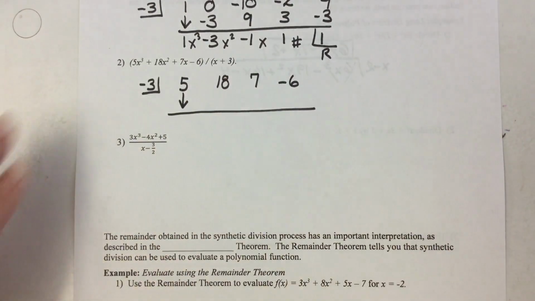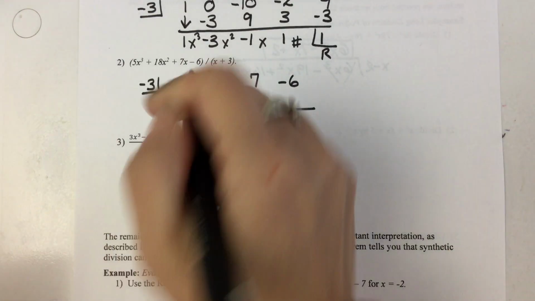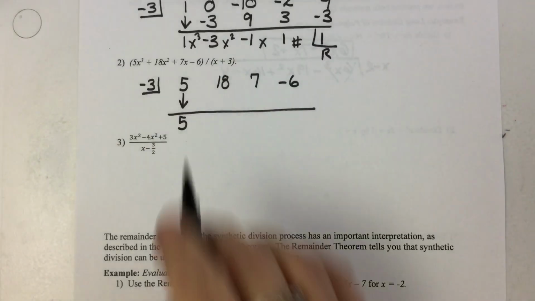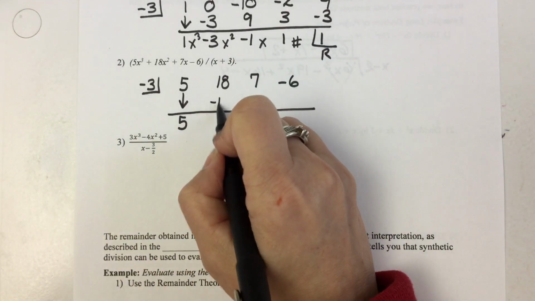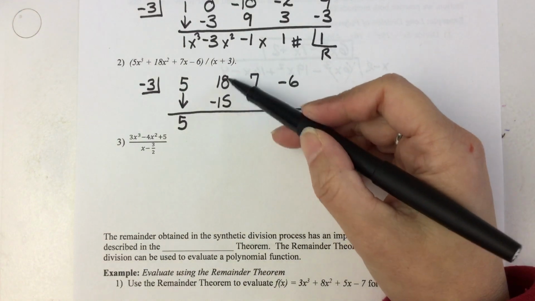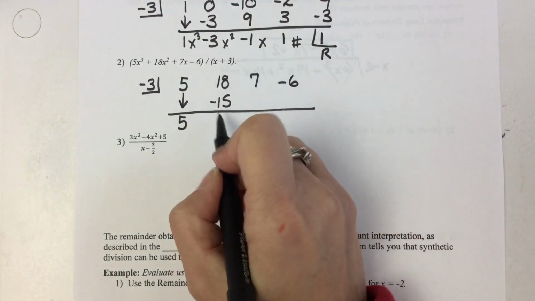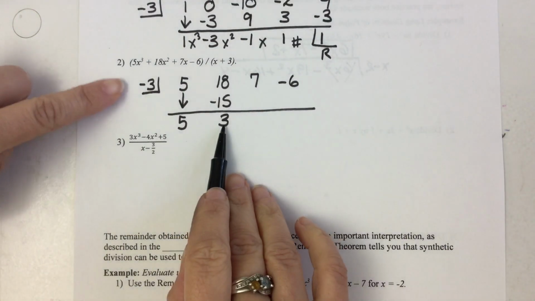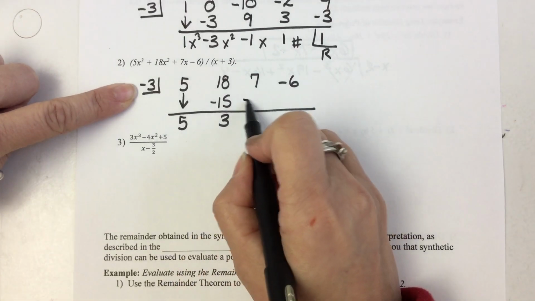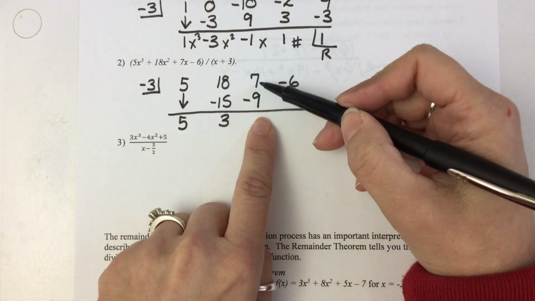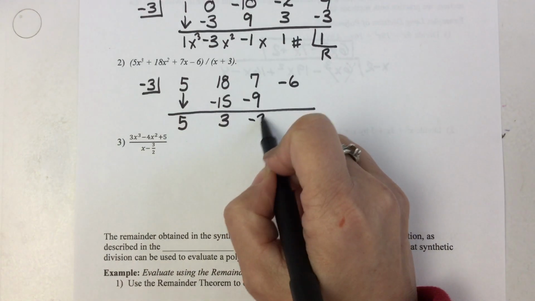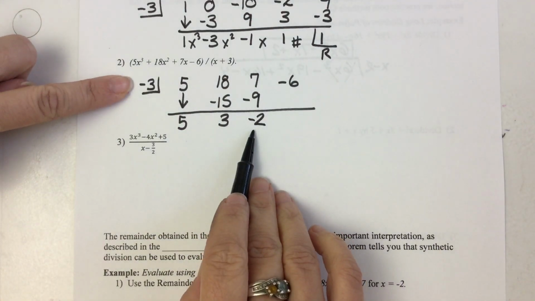You always bring down the first number. So in this case, my first number is a 5. 5 times negative 3 is negative 15. You add these. 18 plus a negative 15 is 3. Multiply. 3 times negative 3 is negative 9. Add. 7 plus a negative 9 is negative 2. Multiply.